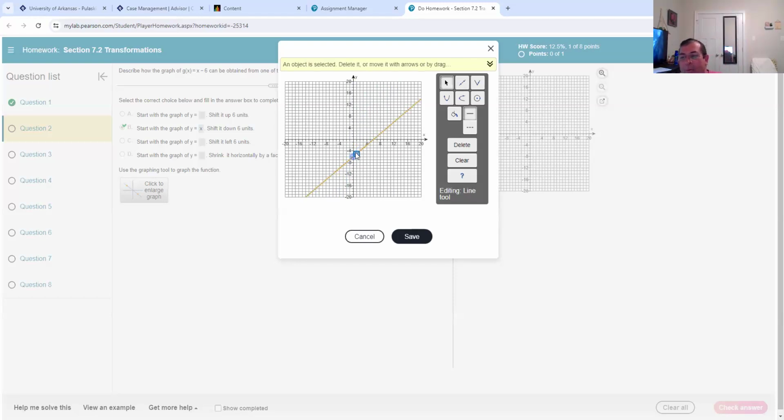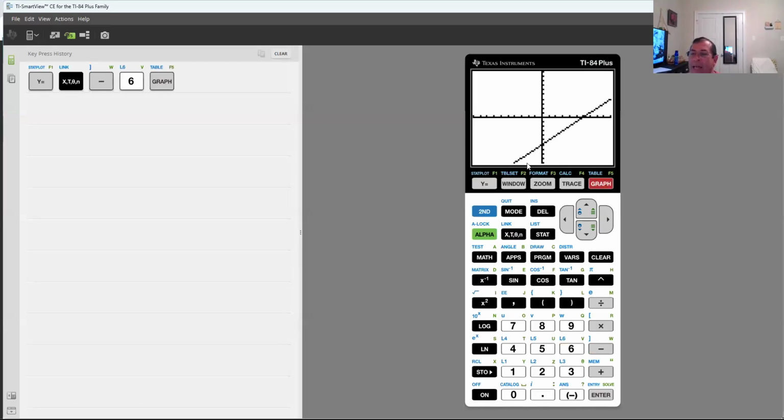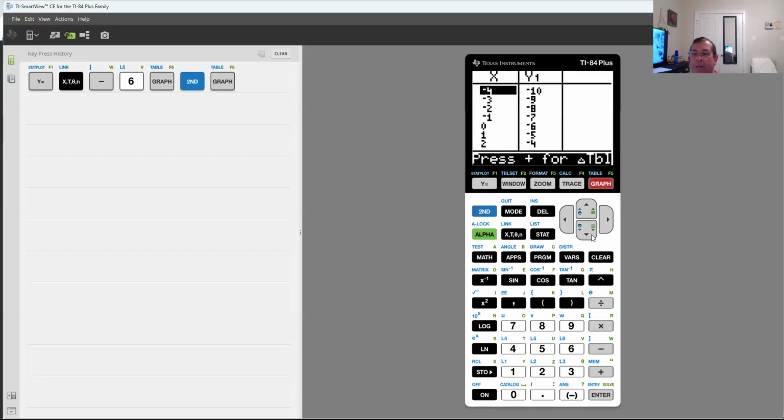Now, y'all, you see that line right there? Watch this. We got a calculator. You can go to y equals and put in, what was it, x minus 6. Hit graph. There you go. That's the same exact line we had. And if you need 2 points to plot, hit second graph and use the table.